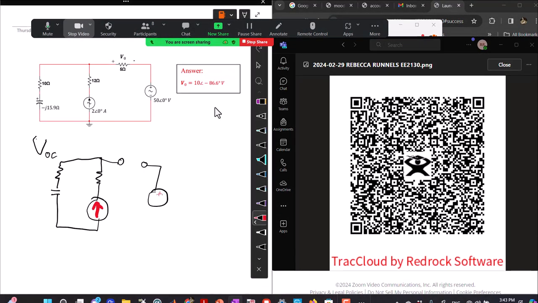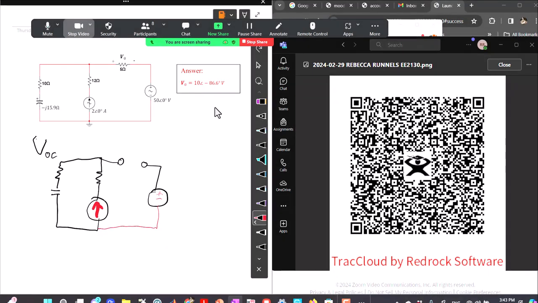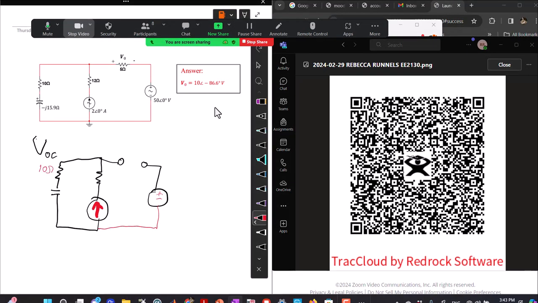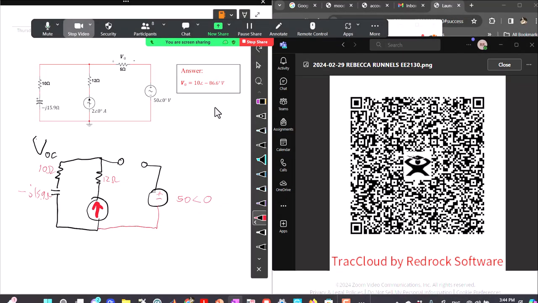This is a voltage source. And this is 10 ohms. This is minus J 15.9 ohms. This is 12 ohms. And this is 50 angle 0.